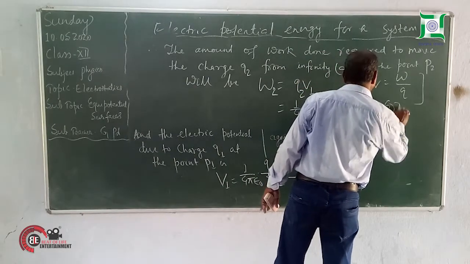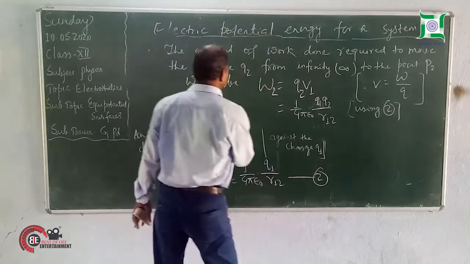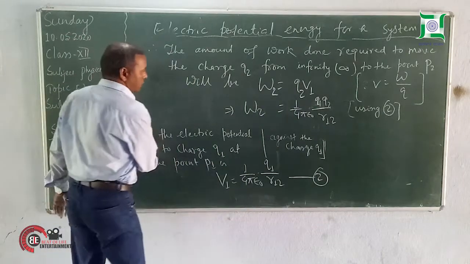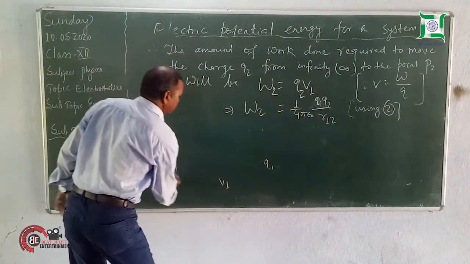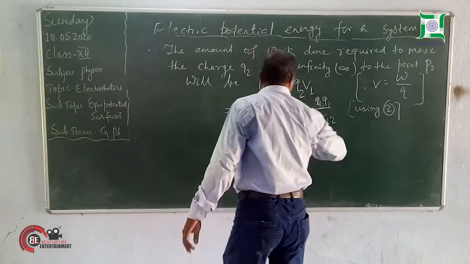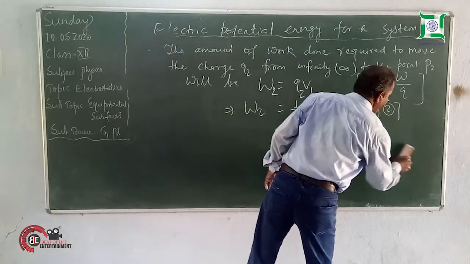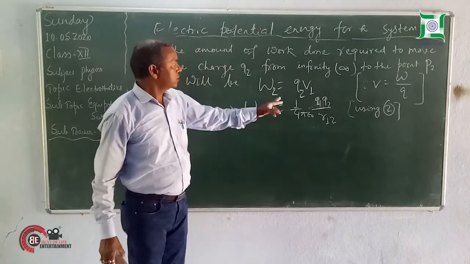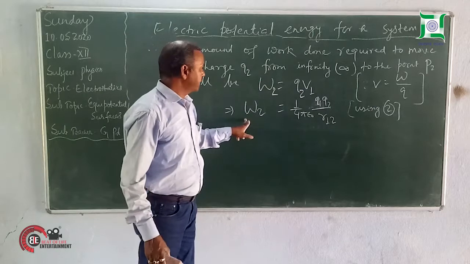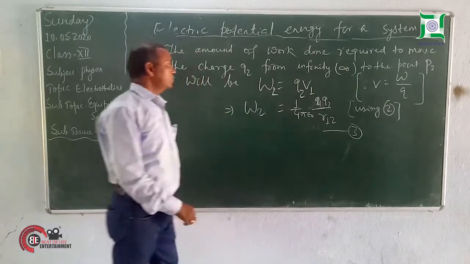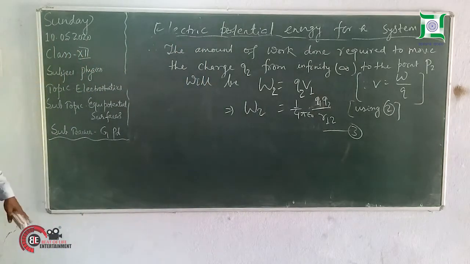This is the amount of work done by the charge Q2. So the net amount of work done: in the first case W1 was 0, and here W2, we write this as equation 3. W2, the work done by the charge Q2, is 1 by 4 pi epsilon naught into Q1 Q2 by r12.